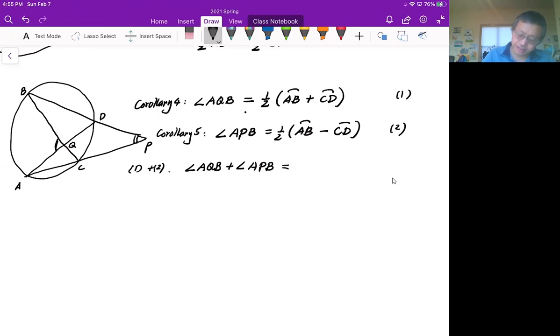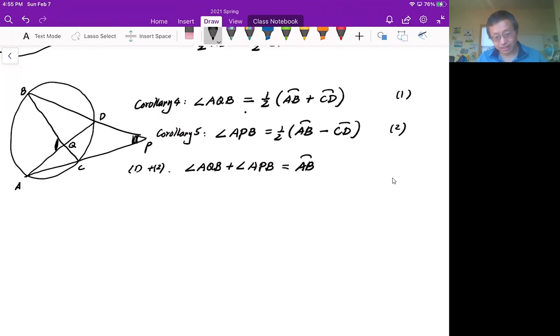One angle is here, AQB, the other one is APB. Can you see the two angles here? I just marked them. The sum of them, for the right-hand side, CD and negative CD cancel out. And 1/2 of AB plus another 1/2 of AB, and now I get the whole thing of AB, right? Does it make sense?